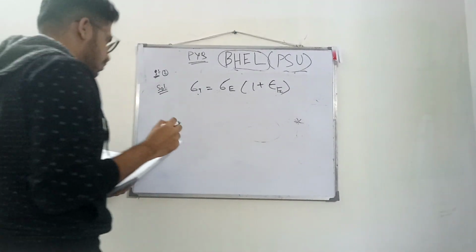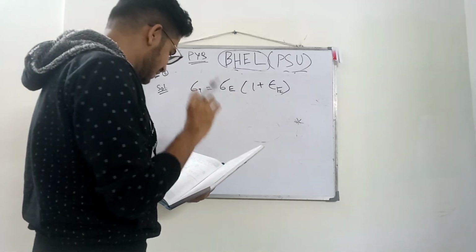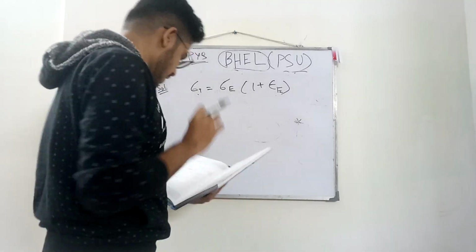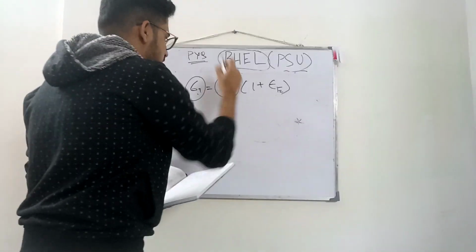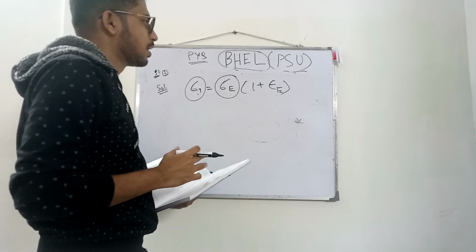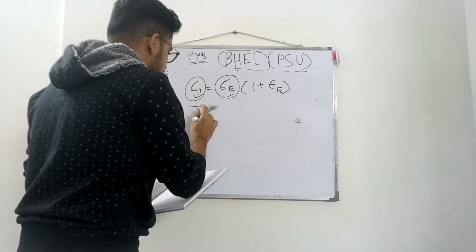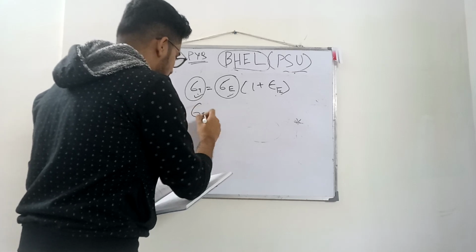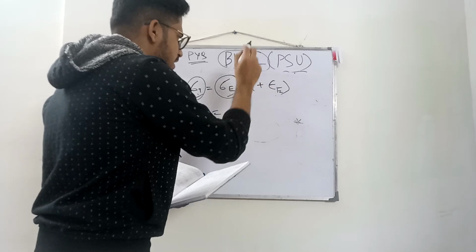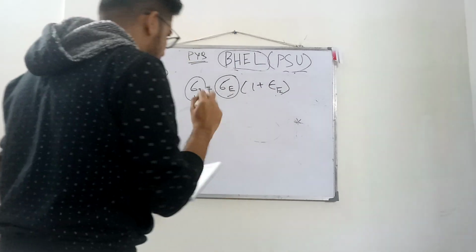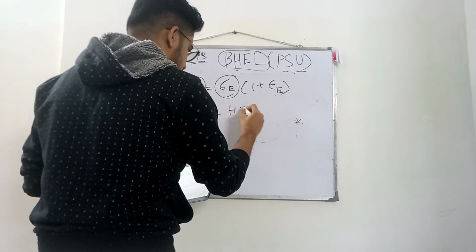The true stress experienced by a material is dash than the engineering stress at a given load. So which one is higher, true stress or engineering stress? Obviously true stress is higher, because true stress is equal to engineering stress into 1 plus engineering strain. So true stress is definitely higher.